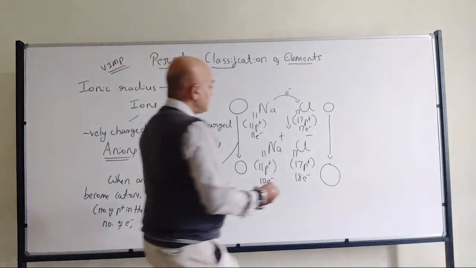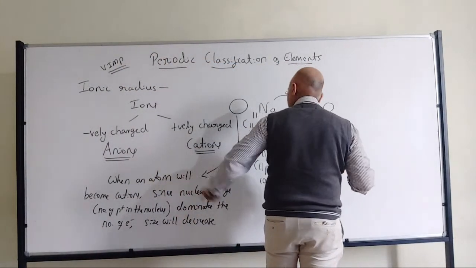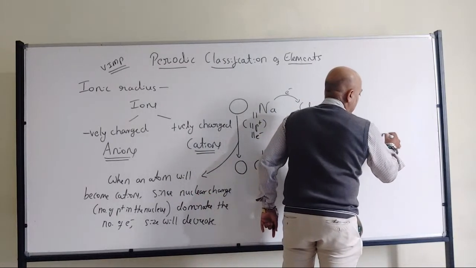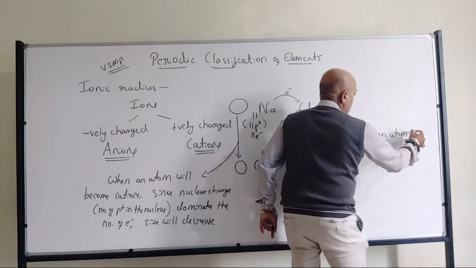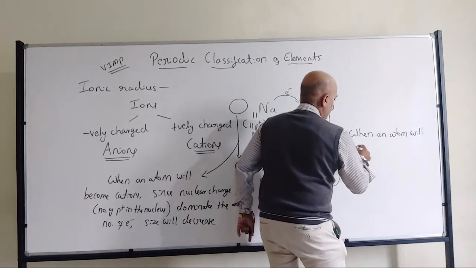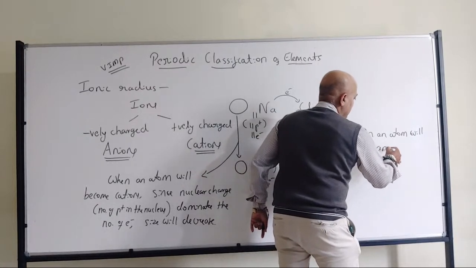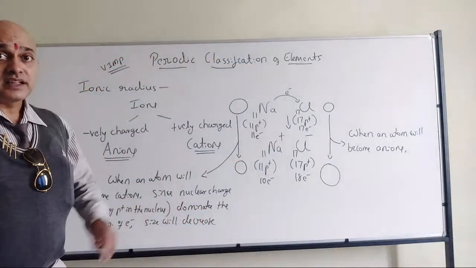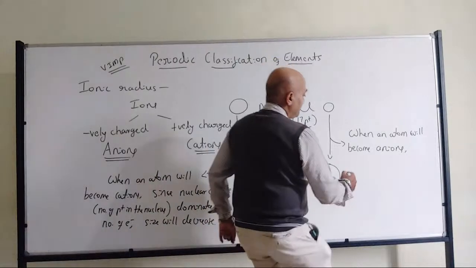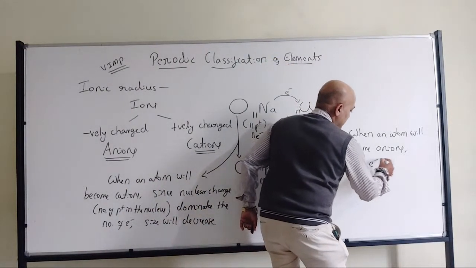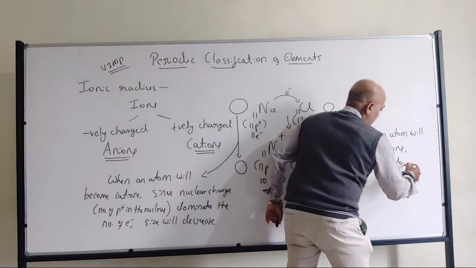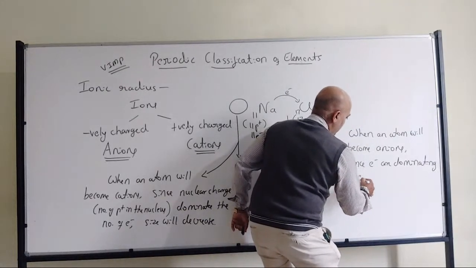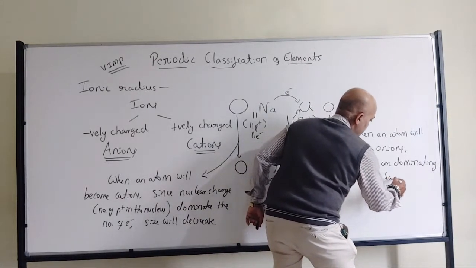Okay? Now what is the reason? Exactly contrasting to the earlier one. When an atom will become anions, since electrons are dominating over nuclear charge.